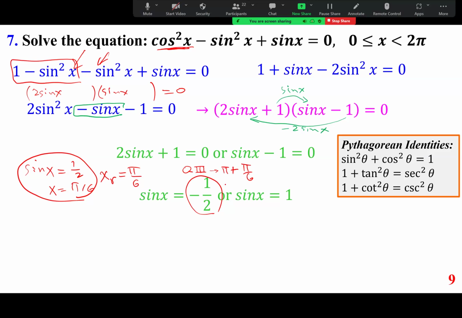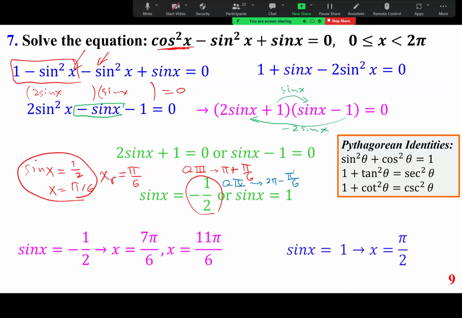And also in quadrant 4, which means 2 pi minus pi over 6. So we have those answers. Sine x equals 1 gives you pi over 2. That's easy. So again, I just wanted to remind you how to find the answer if you end up with a negative answer. Just think about the reference arc, and then you can see the answer. All right.